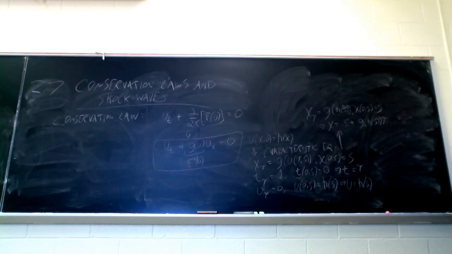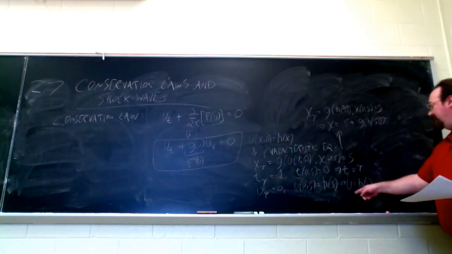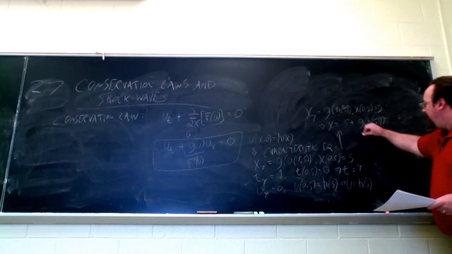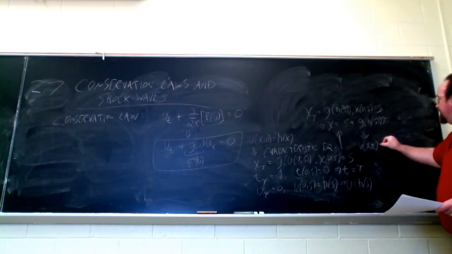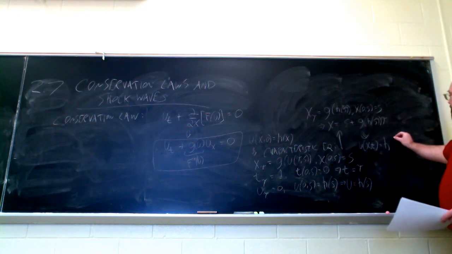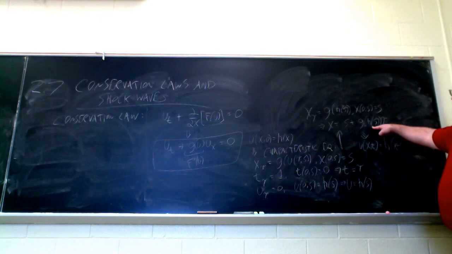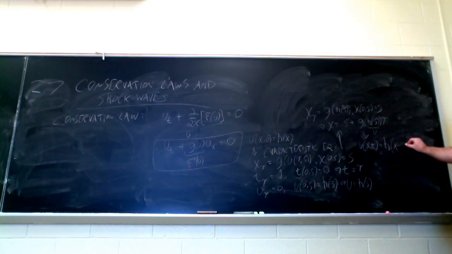Now we can put everything together. We want our solution u of x and t to be h of s, which is h of x minus g of u times tau, but tau is t.